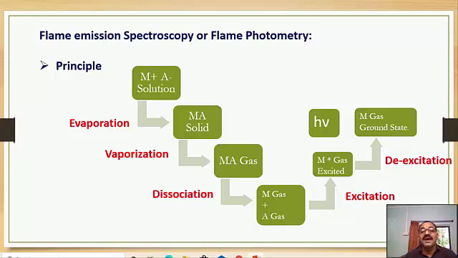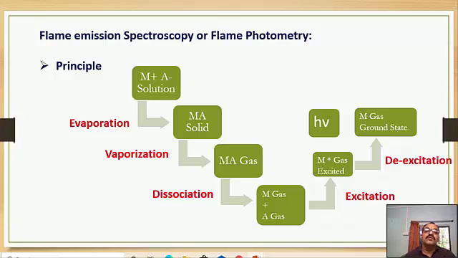These gaseous atoms are developed, of which the gaseous metal atoms gain thermal energy from the flame and undergo excitation, as I already discussed with you. These valence electrons are getting excited, and that state is represented as M* in the gaseous state. That state is highly unstable, so the excited electron comes back to the ground state, and while doing so, certain quanta having energy hν are ejected.